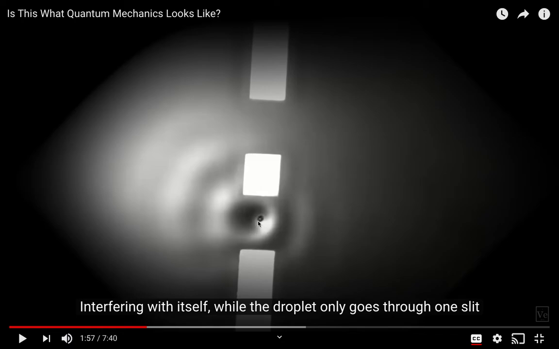And then the little droplet, depending on which part of the wave it lands on, will go in a different direction. So this can explain how it is possible for something that is a particle, like this little droplet, to behave more like a wave, because the wave is what is driving the direction of where the particle goes.